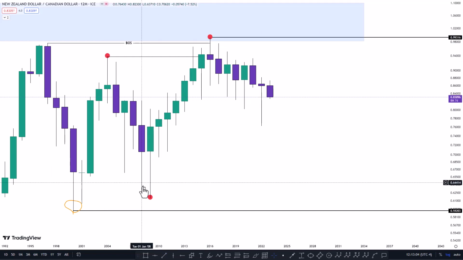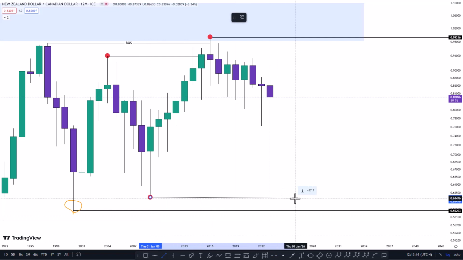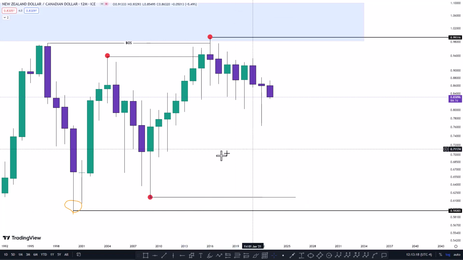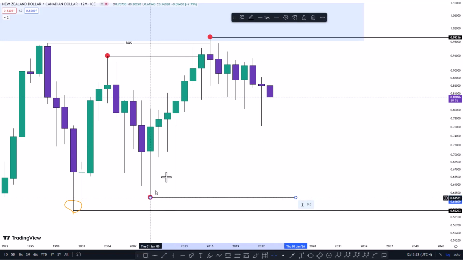We have a high, a low, a high. The market is trying to create a pullback within this range. So internally, we are dealing with this range, from this low, this red dot you see here, all the way here.